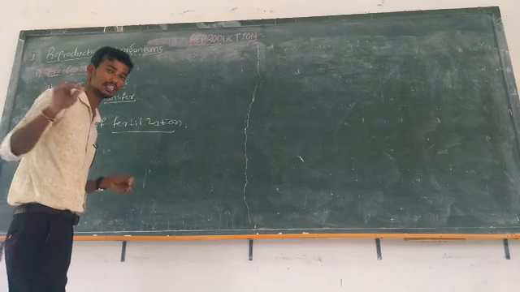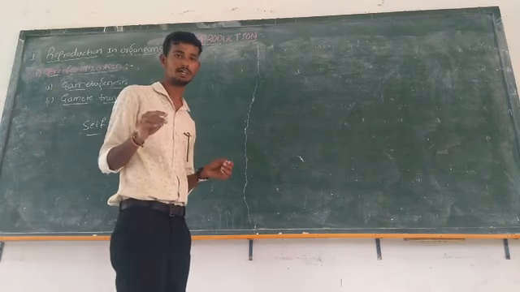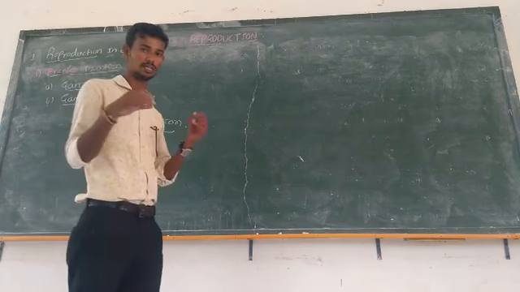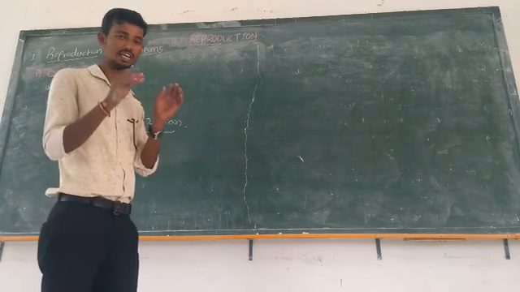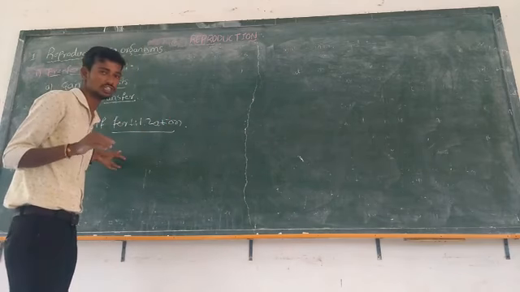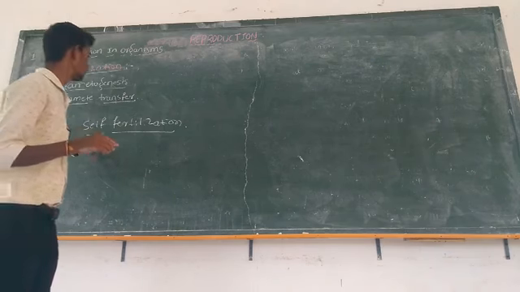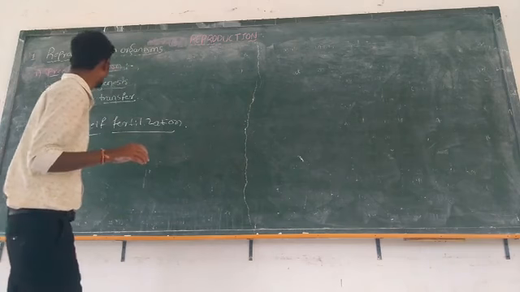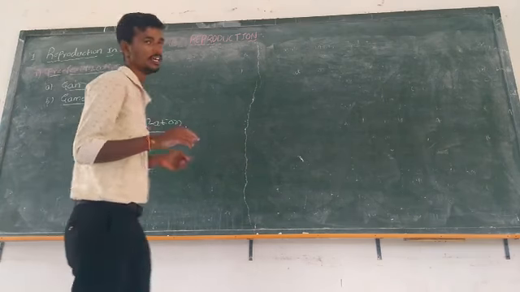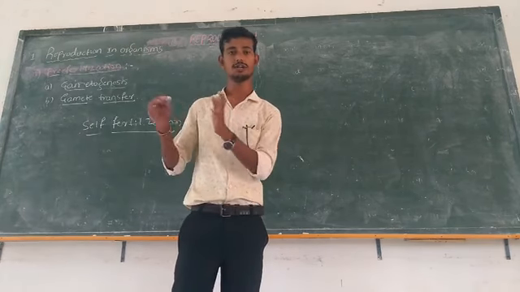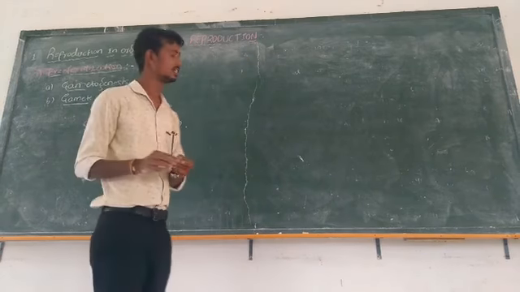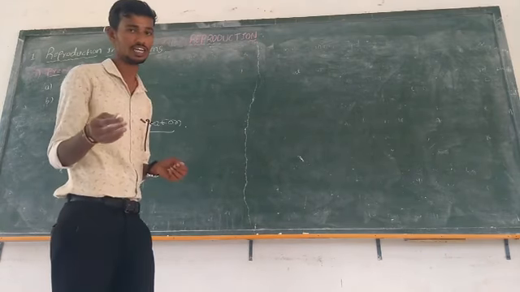Both male and female are present in the same plant or same animal, and they produce the gametes in itself. Okay, this is the gamete transfer of self-fertilization. In unisexual animals or plants, the gamete is transferred from male to female. That leads to the fertilization taking place.